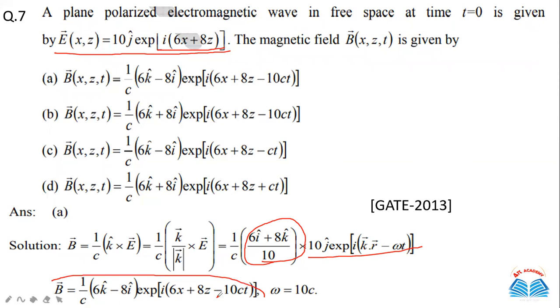Okay, so there was no omega in the electric field, but rather we are getting some omega value in our magnetic field. So this is of significant importance in these types of questions. The correct answer is option number A.